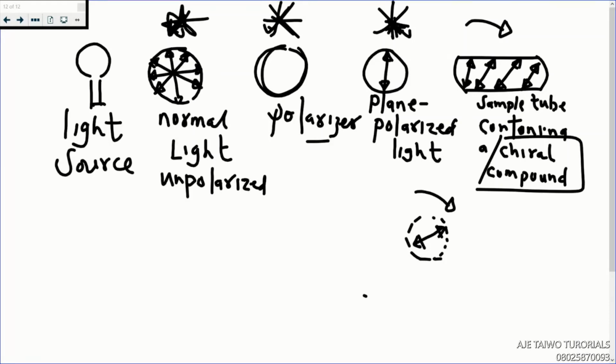Let's go on. If you are drawing, I go to the next topic. Let's write. Optically active compounds. They can ask you to define it.